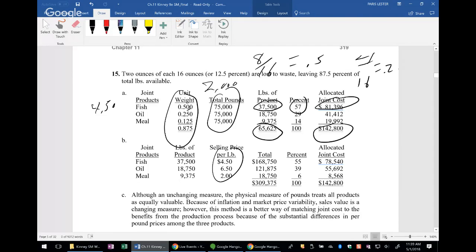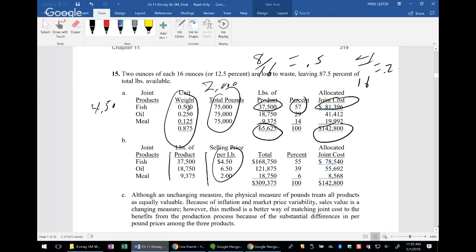Okay. All right. Now let's look at B part. I just want y'all to be aware of where everything comes from. B part. Allocate joint costs using sales value as the basis, round to the nearest whole percentage. Now, here we've got our products that we bring down. This is given.